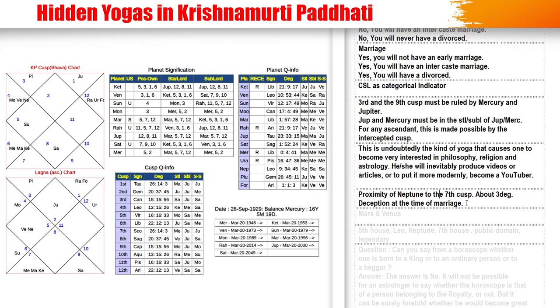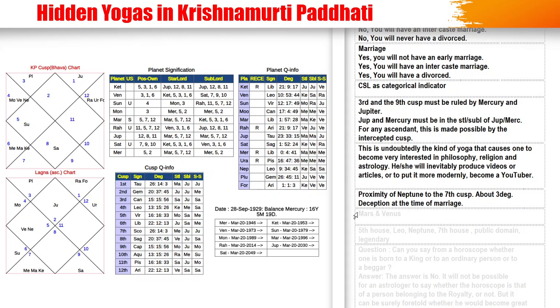Now, if Neptune is not on the seventh cusp at all, it doesn't mean that deception cannot happen. My idea in saying this is that this is just one of maybe a few other four or five rules. I don't know about the other rules, but this could be one of the rules or yogas that can be made use of.